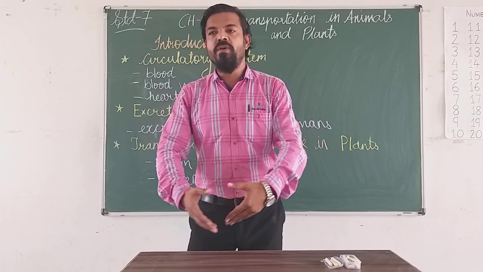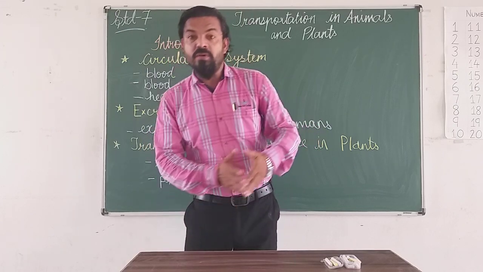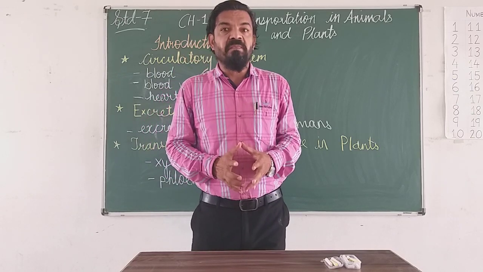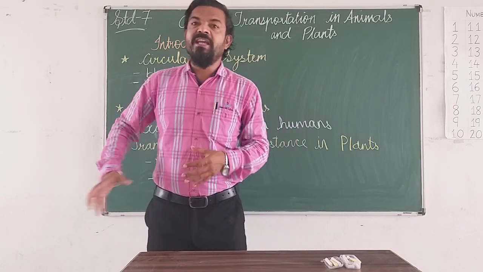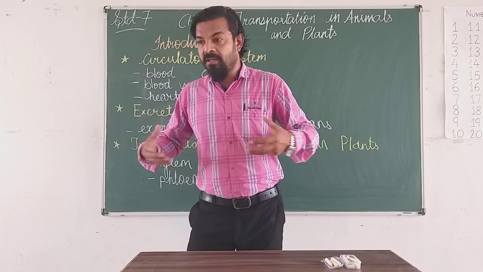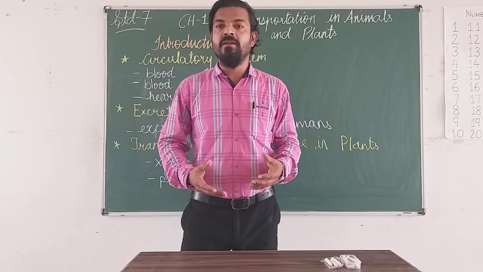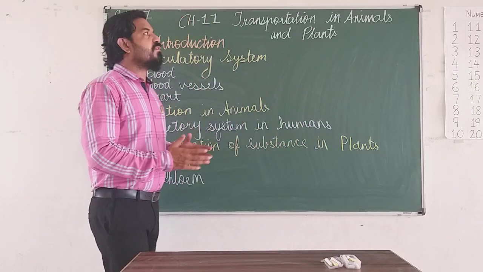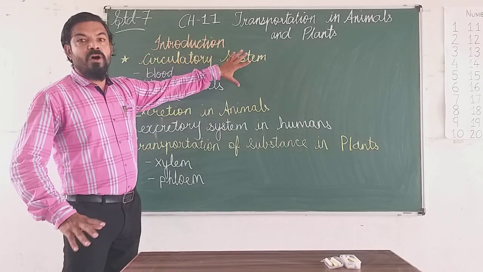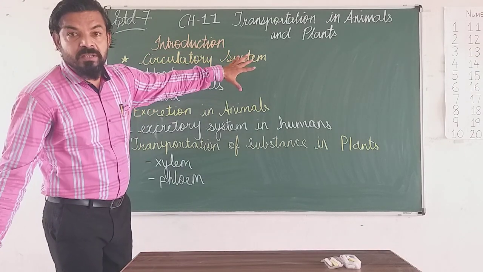So, by going from one place to another place, you are using some system. Suppose you go by train, that is also a system: the engine, the track, everything is systematic. Okay, so the systems which are used are called the system of transportation.